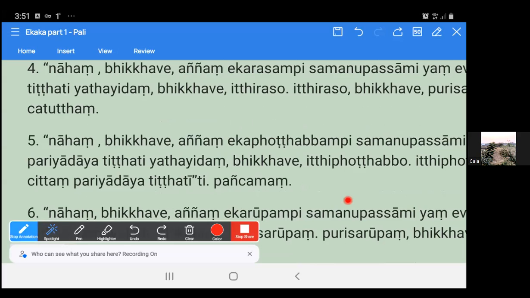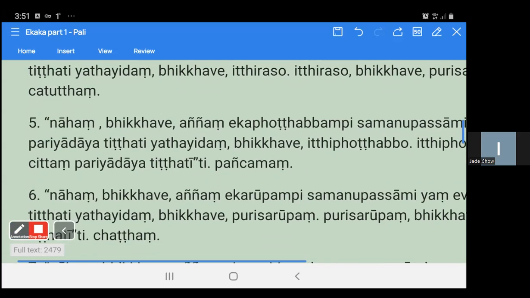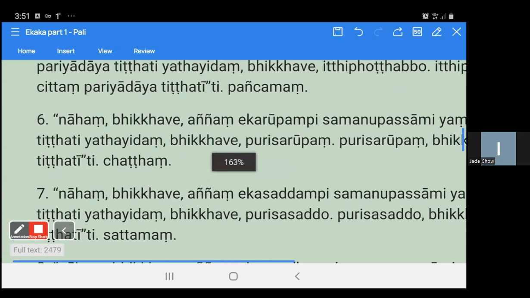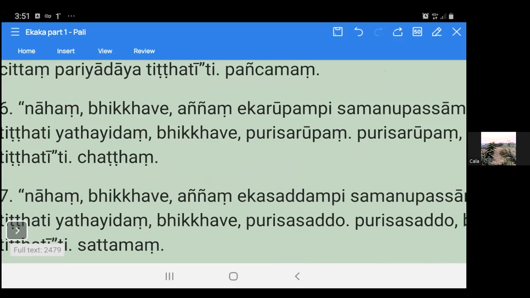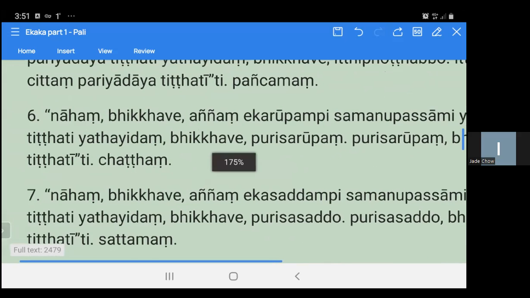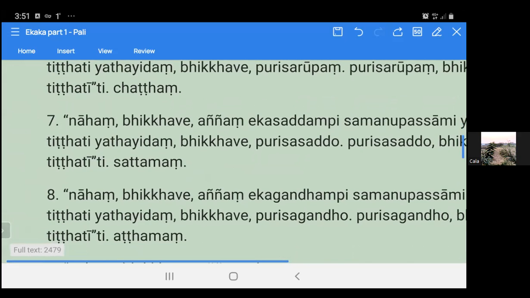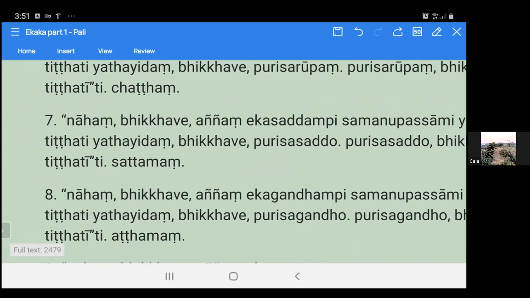Okay, then number 5. Pañchamampi. Buddham saranam gacchami. Okay, number 6. Chatampi. Buddham saranam gacchami. Number 7 is satamampi.